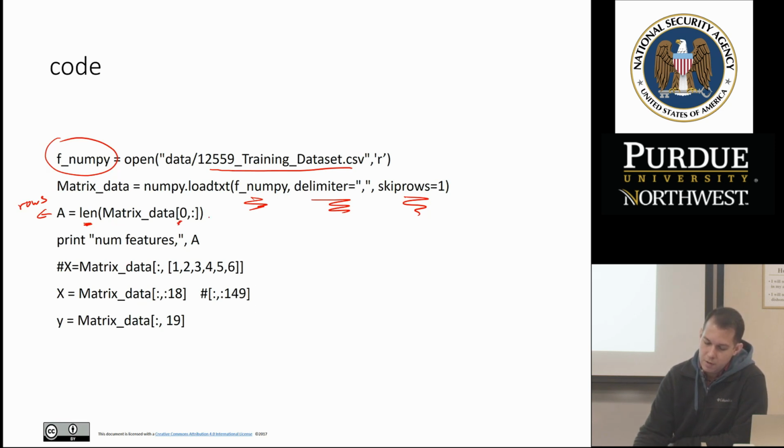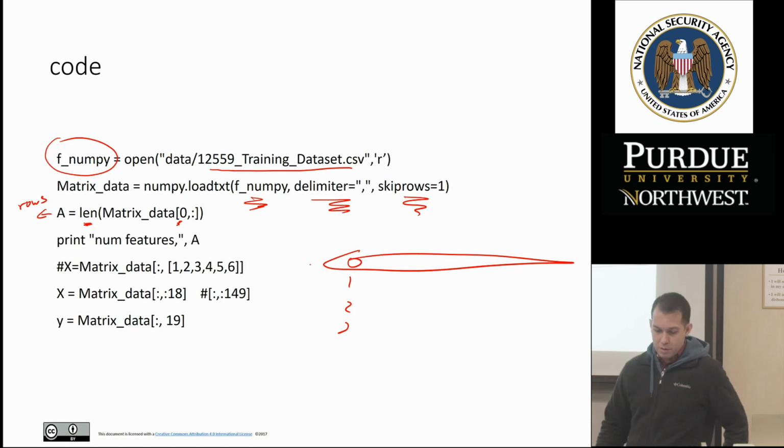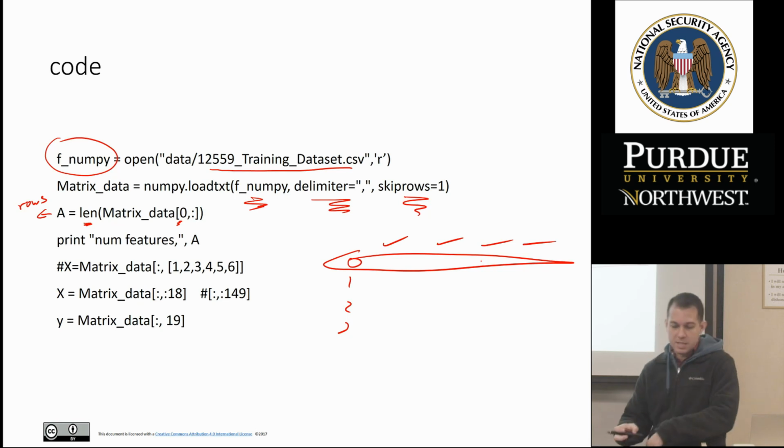So this is 0, so it would be 0, 1, 2, 3. I'm actually saying just grab that row, and once I grab that row, I select all the elements in that row by saying all. Actually, sorry, this is not rows. This is columns.